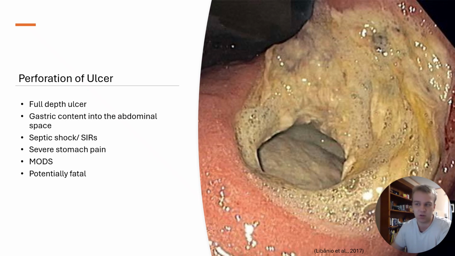So you can get septic shock, SIRS, systemic inflammatory response syndrome, severe stomach pain, MODS, multi-organ dysfunction syndrome, and it is very potentially fatal. These patients become septic very quickly because all their gastric contents are leaking out into their abdominal cavity, causing infection. There can be a really quick onset of sepsis.